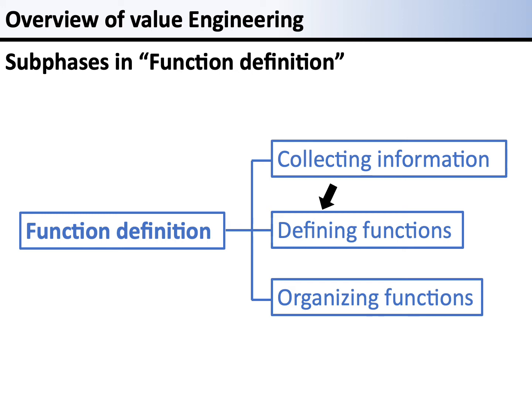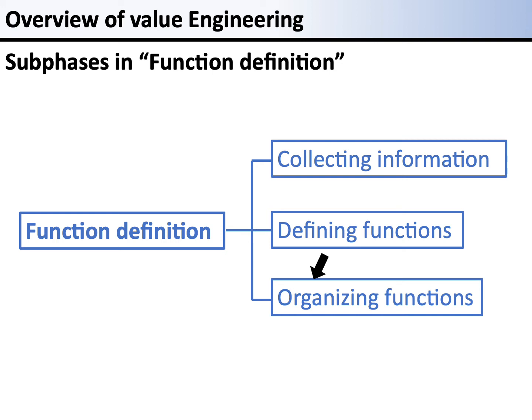At the subphase of defining functions, the functions of each VE target component are defined concisely by using two words, verb and noun. This is to ensure that the functions can be clearly defined, mutually exclusive, and collectively exhaustive.